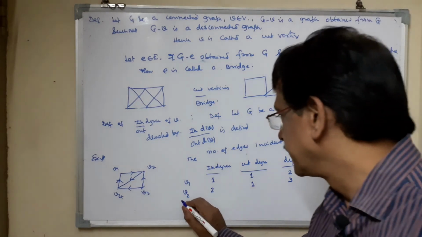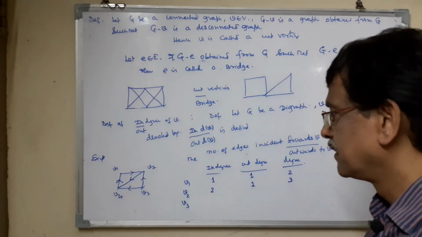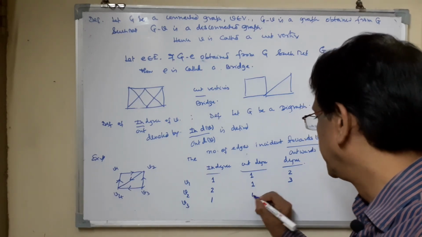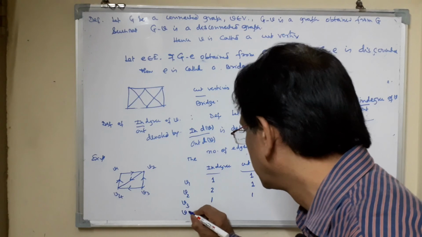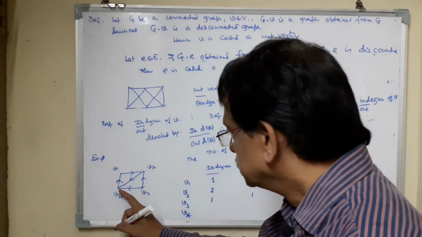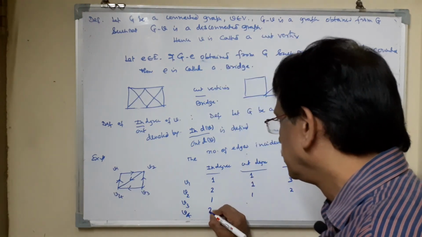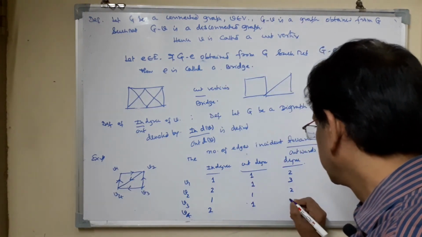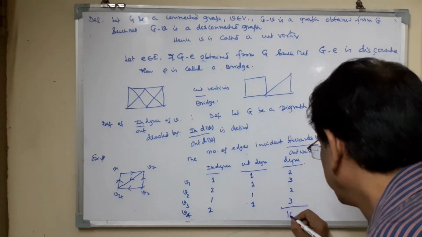What about V3? V3 has 1 in degree, 1 out degree. What about V4? V4 has 2 in, 1 out. So 3. Look at the total, 10.